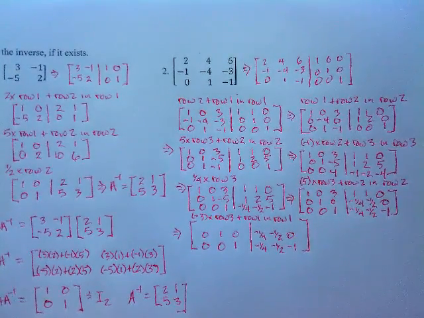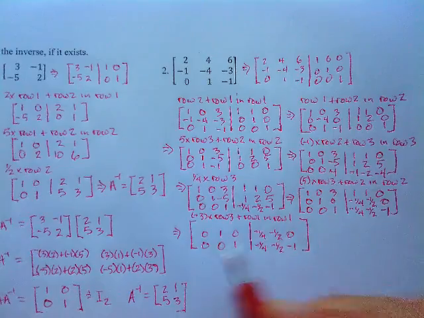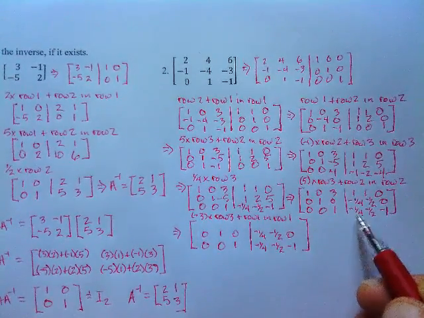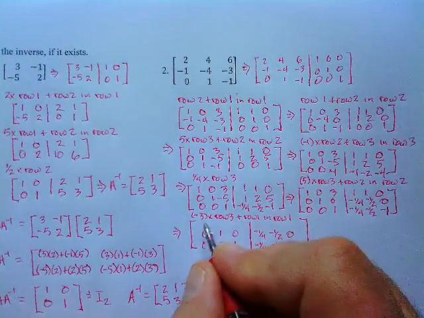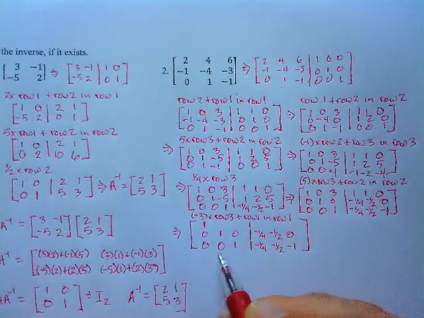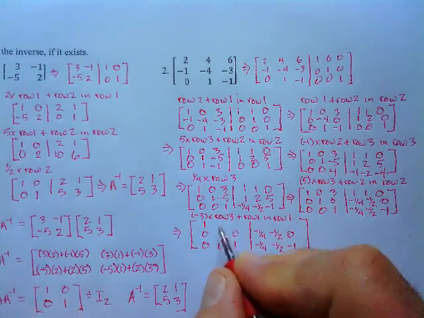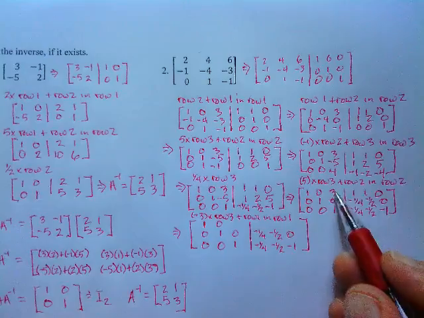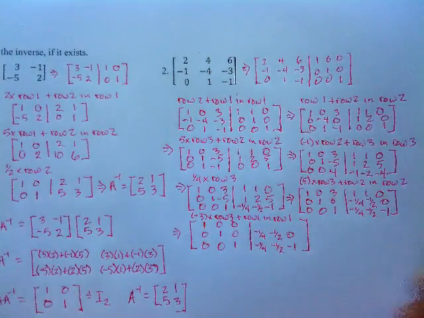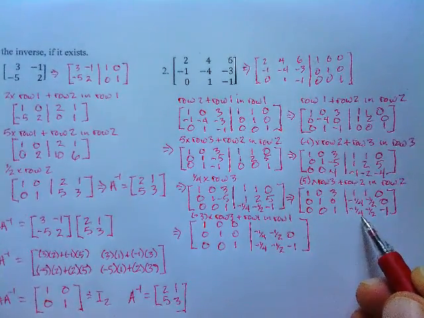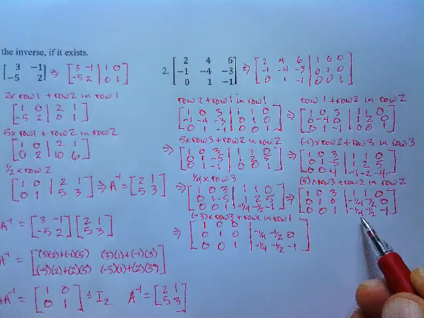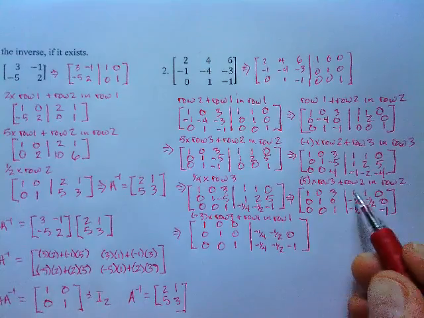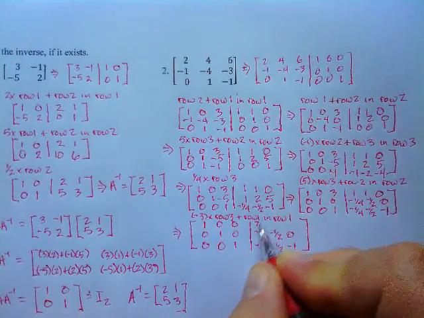And okay, let's go ahead and take care of row 1. So negative 3 times 0, well, that's 0, so that stays a 1. Negative 3 times 0 plus 0, that stays a 0. Negative 3 times 1 is negative 3 plus 3, that's now a 0. Negative 3 times 1/4 is 3/4, 3/4 and 1. 1 would be 4/4, so 3/4 and 4/4 is 7/4.